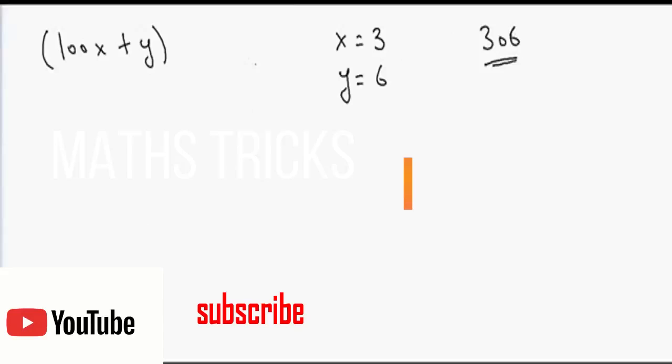Now if I need to square this number, it will be equal to 10,000x square plus 200xy plus y square.